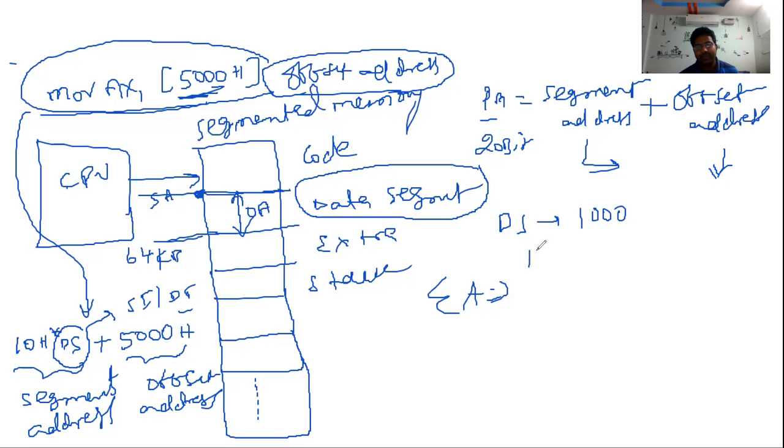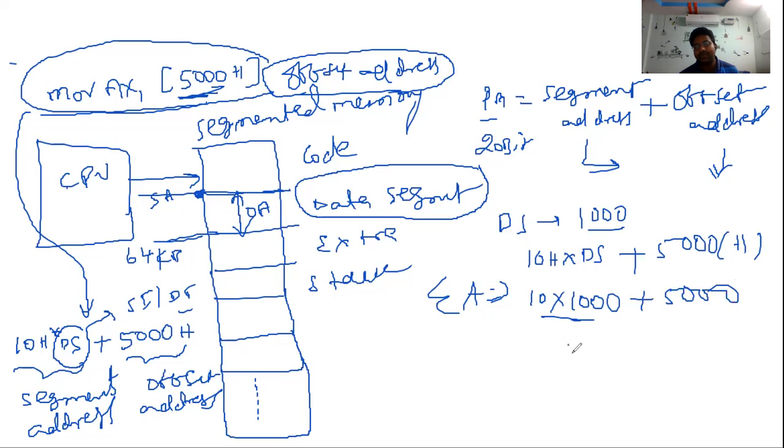So what is the address? 10H into DS plus 5000H, where 5000H is the offset value. DS value is 1000, so 10H into 1000 is 10,000, plus 5,000.